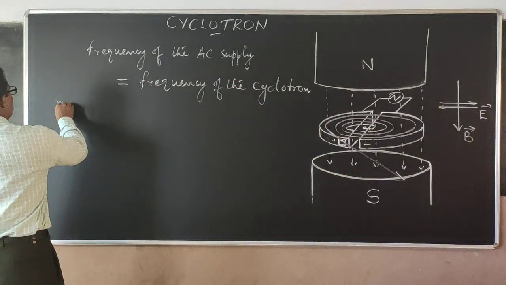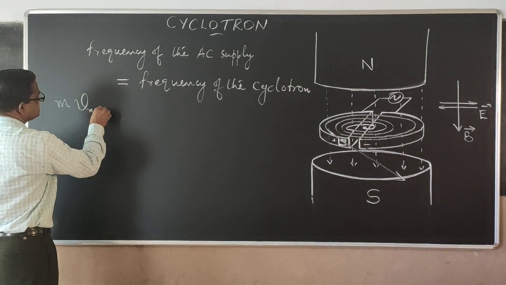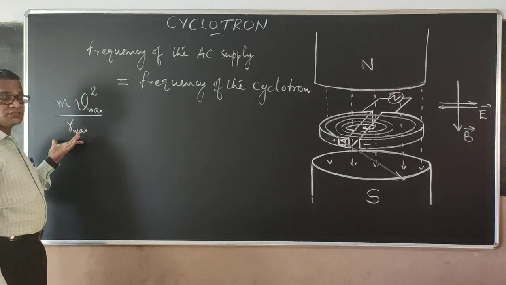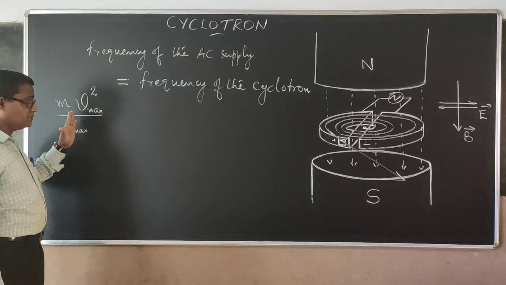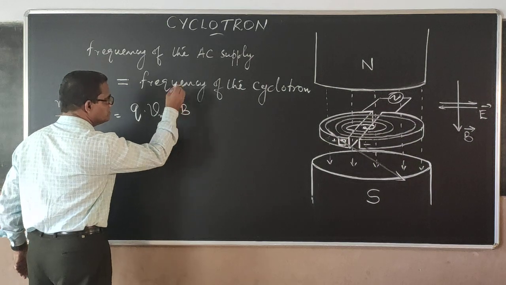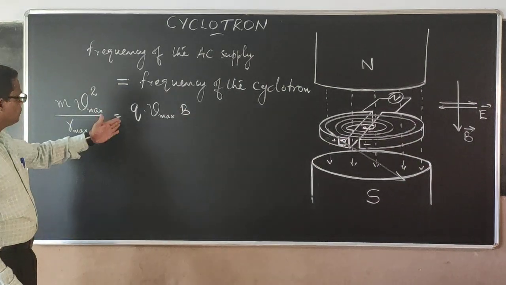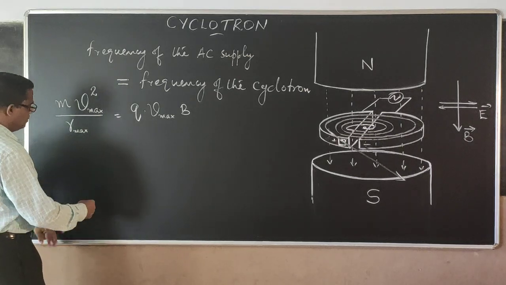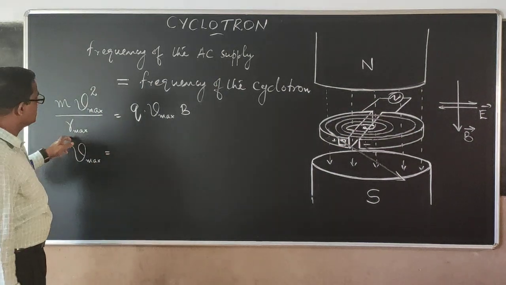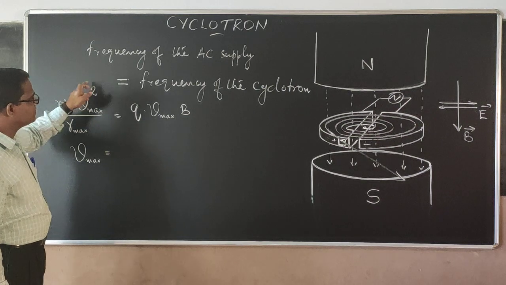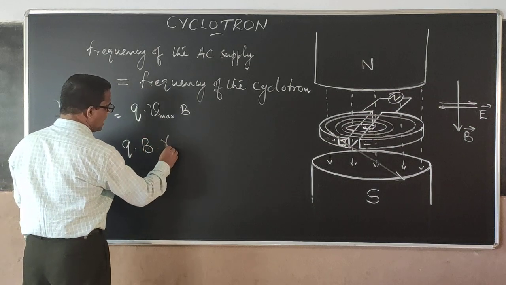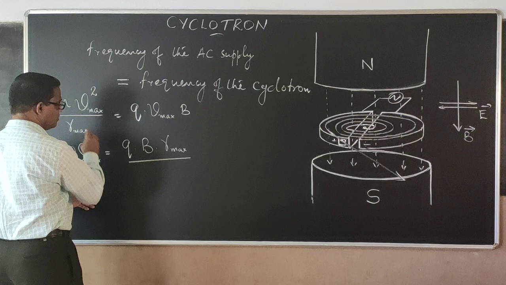In that case, you can find m v max square divided by R max, the centrifugal force experienced by the particle, will be equal to Q into v max into B. Out of this, you can have v max equal to Q into B into R max divided by mass of the particle.